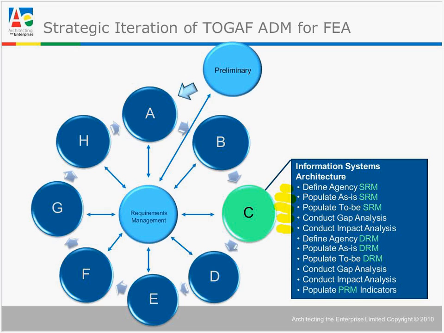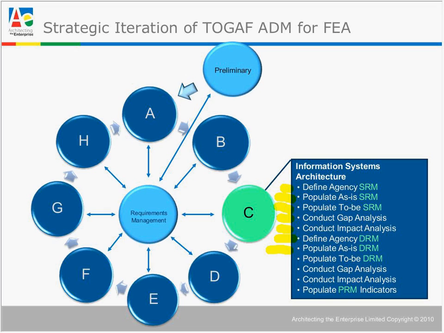Define our agency data reference model. In other words, OMB gives us a DRM, a generic DRM. We want to tailor that for our particular agency. Populate the as-is DRM. Again, by populating it, I mean take all those artifacts we identified in phase A and flesh those out.